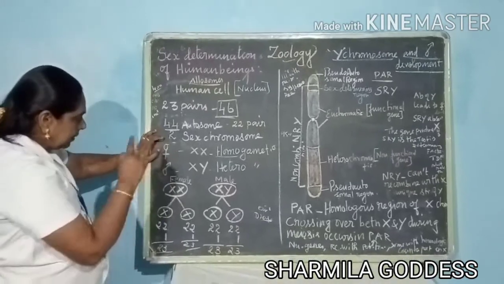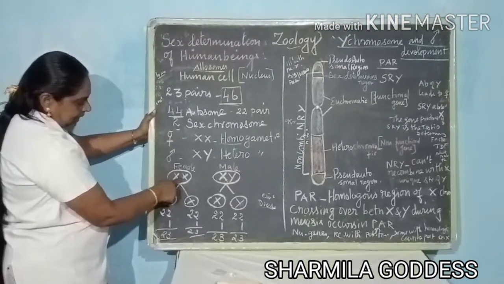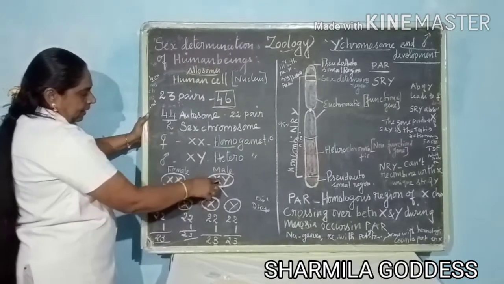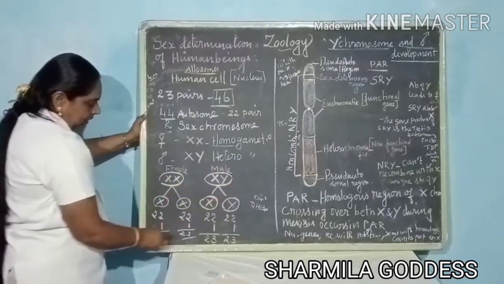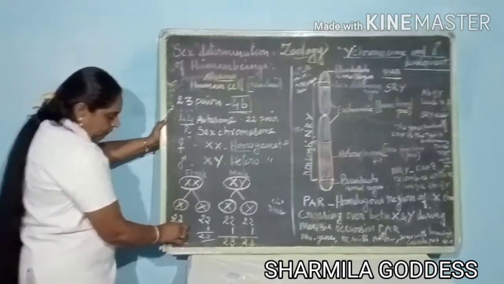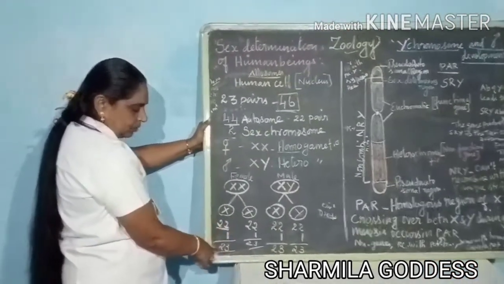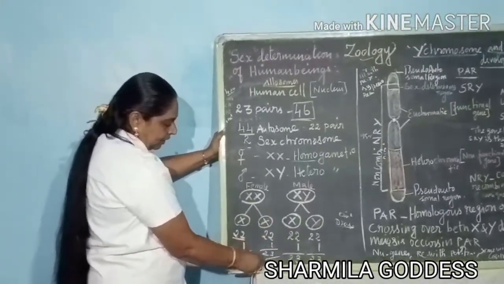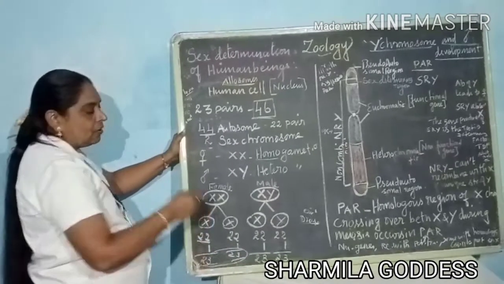Now we can say that a female is XX, that is, it has X and X. In male, X and Y. Now you see, that is 22 autosomes and 1 allosome, that is 23. Then here, 22 and 1 X is 23. Now you add 23 plus 23, 46.